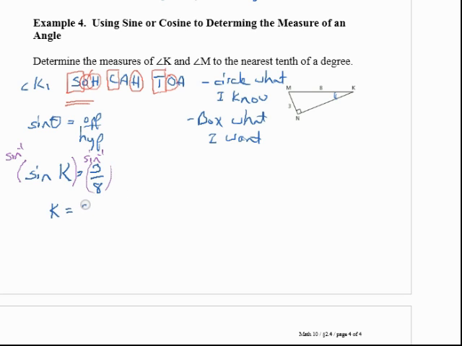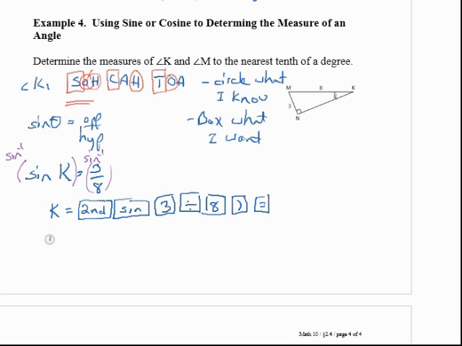You go second, sine. That's what gets you the sine to the minus 1. That puts up a bracket, so you go 3 divided by 8. Then you really should put in a closed bracket. You don't have to, but it's a good habit. And then equals. That will give you K equals 22.0 degrees.